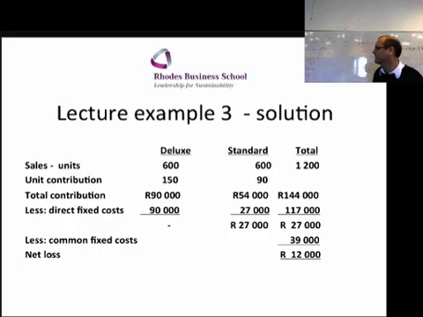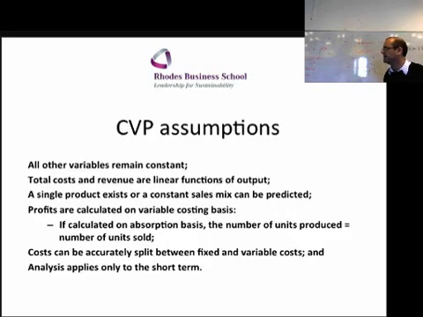Good. Okay. Guys, these are some of the CVP assumptions. Some of them are more obvious than others. They are discussed in your textbook to some extent, and I don't want to bore you going through them too much. Some of them we've mentioned already. One relates to the short term.